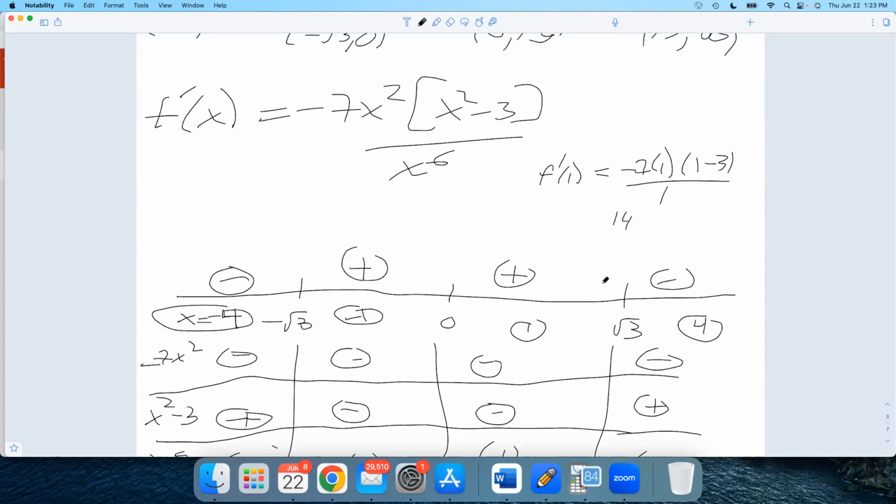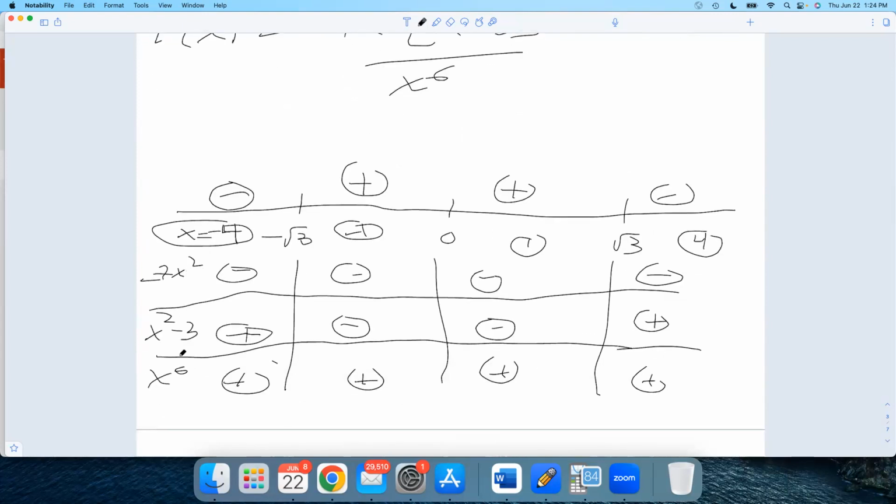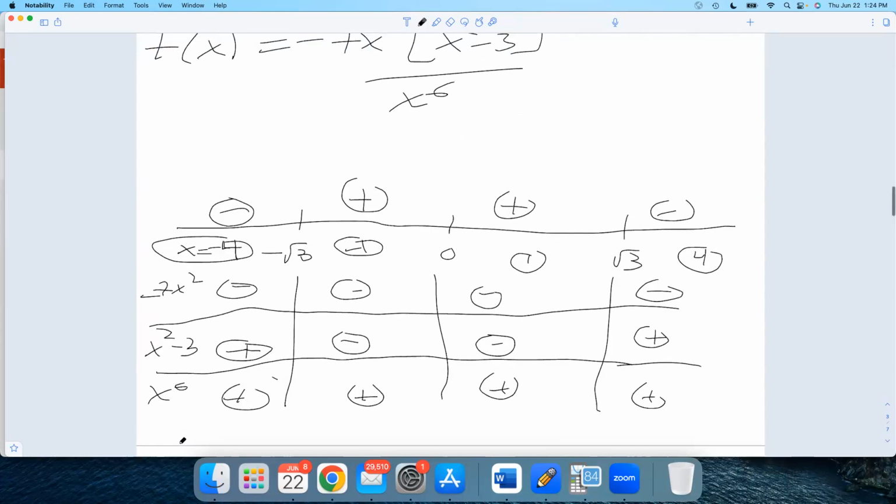So look, in this region, because I picked one value in this region, that's all you got to pick, I got a positive number. You pick one value in each region of your number line and plug it into the derivative, see if you get a positive or a negative answer. That's all you care about. It's easier if you use factors because you can do the plugging in your head.